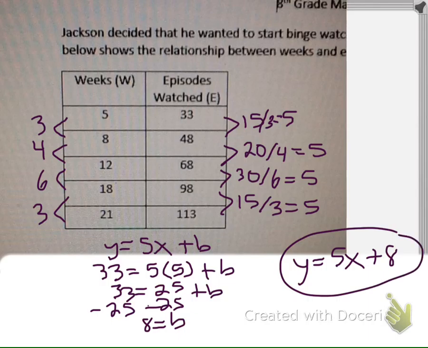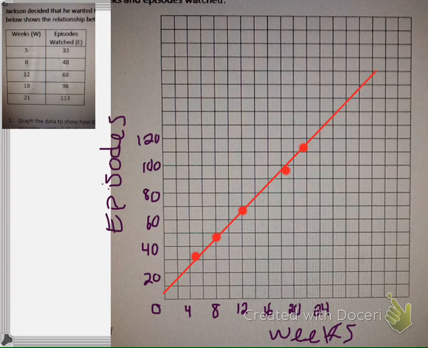Okay, next, number 1 tells us to graph it. So I've already did my graph, but I want to talk about it. I had to choose what to count by on the x-axis, or the weeks. I can't just put 5, 8, 12, 18, 21. I decided to count by 2s, but I'm numbering by 4s. So technically this is 2, 4, 6, 8, 10, 12.